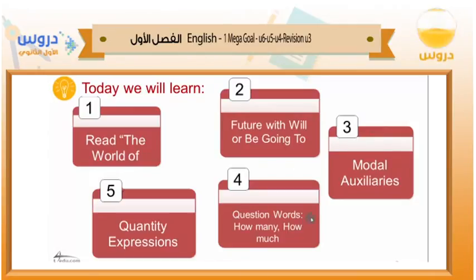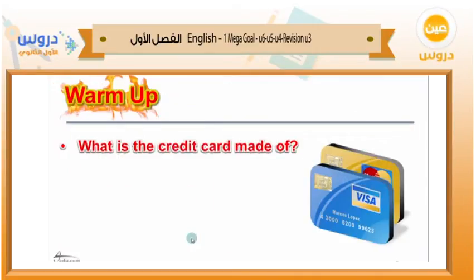And 4, remember how we use the how many and how much in questions, which one is for countable nouns and which one is for uncountable nouns. And finally, some quantity expressions like some, a lot of, a little, and a few.